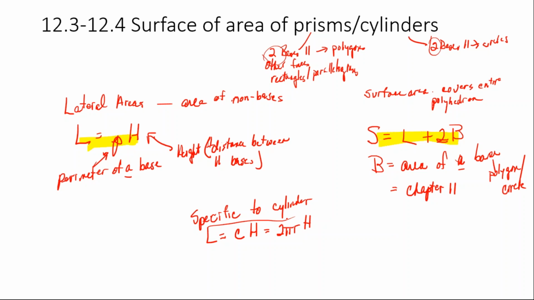So there's the one specific to the cylinder, but if you remember that it's the perimeter times the height, we have that one. The surface area, if I want to go specific, is 2 pi r h plus 2 times the area of the base, and the area of a circle is pi r squared. Those are specific to the cylinder, but if you memorize the two general ones and know those formulas from chapter 11, all I've done is just apply them in. Didn't do anything else.